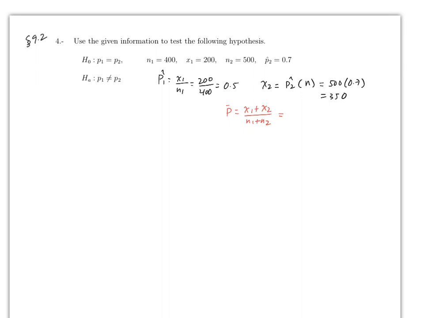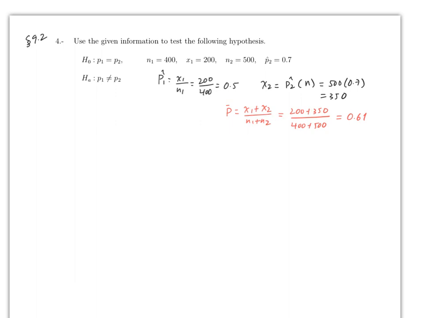If we plug in the values, we'll have 200 plus 350 over 400 plus 500, which is 0.61. You round it to two decimal places. Once you get all this information, then you can plug it into the formula, or you can use the calculator, the TI-83 or 84, to find the value of Z star.